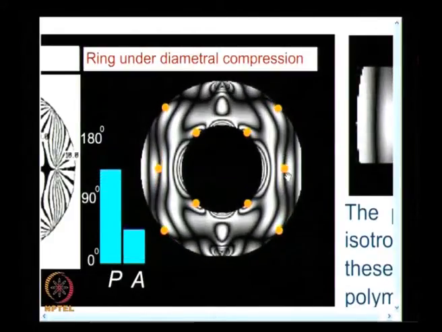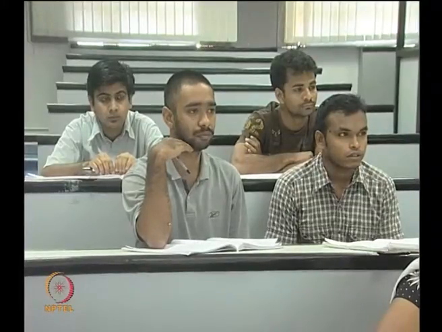So, you have only at these points fringe order 0. Look at here, the complexity is manifold in a ring under diametral compression. The other one, under diametral compression, do we have an isotropic point? You do not have an isotropic point. But we do have zeroth fringe order. That is not the intention there.